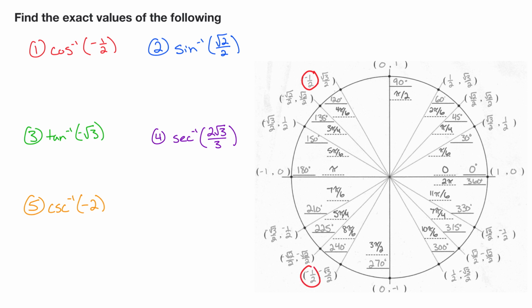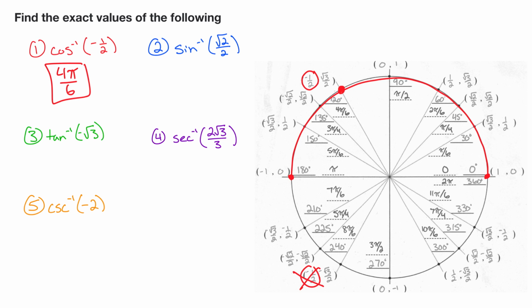However, cosine inverse is only defined from 0 degrees all the way through to 180 degrees, or 0 radians to pi radians. So we ignore all answers that are not in that region. So the only one solution we have is this dot, which produces an angle of 4 pi over 6. That's our answer.